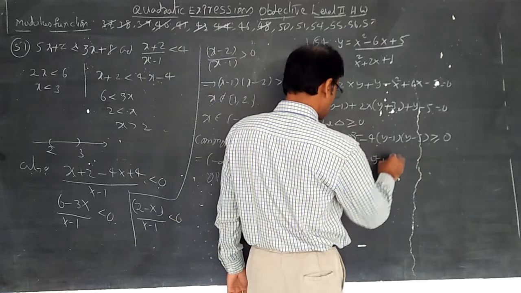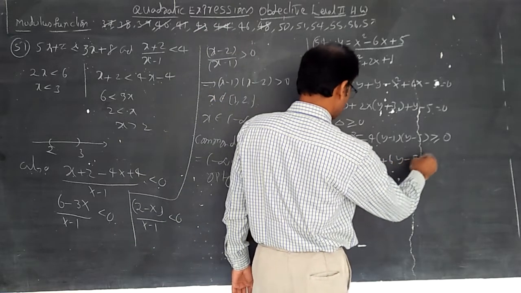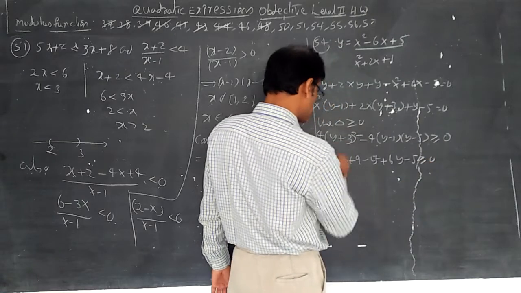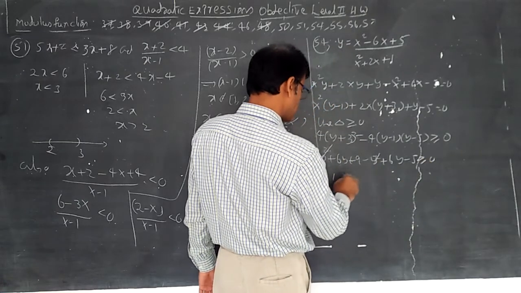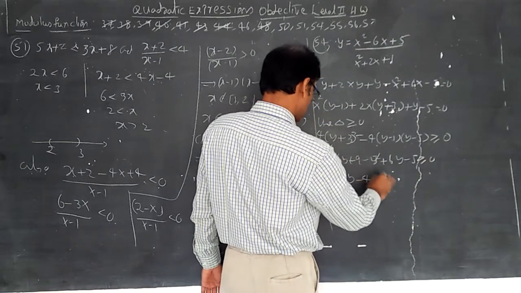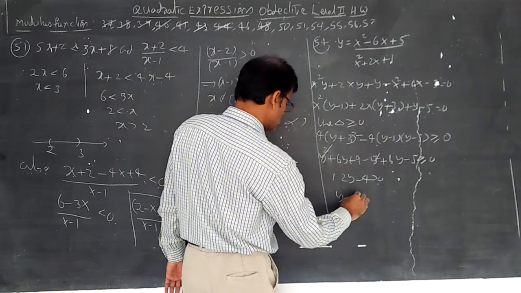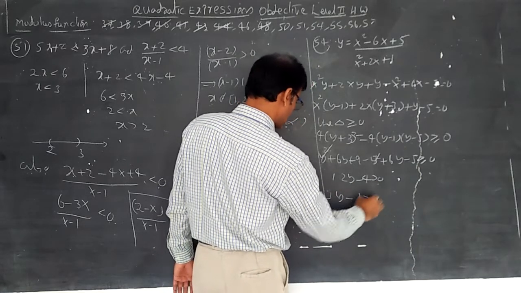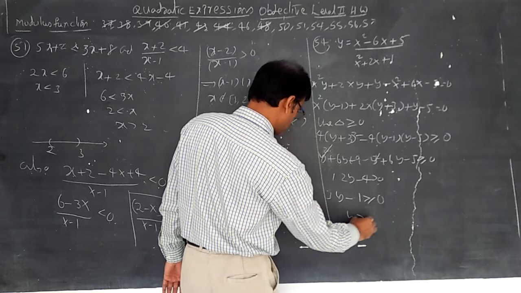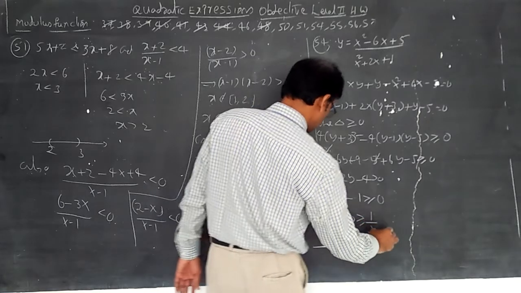So minus y square plus 6y minus 5 greater than or equal to 0. y square will be getting cancelled. 6y becomes 12y minus 4 greater than or equal to 0. We divide with 4: 3y minus 1 greater than or equal to 0. y greater than or equal to 1 by 3.